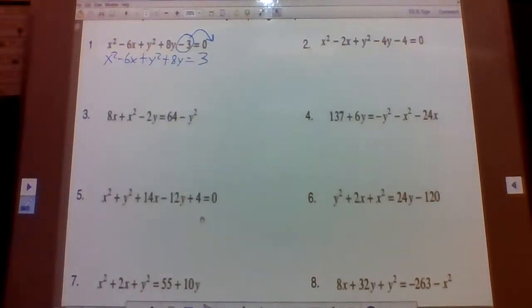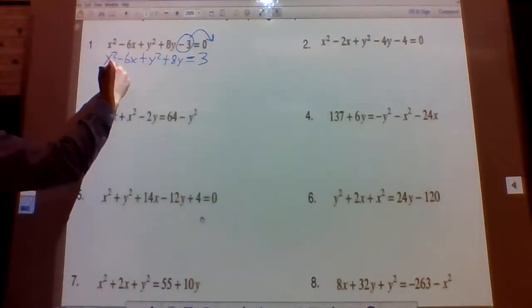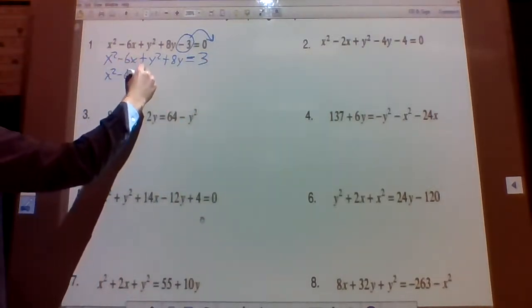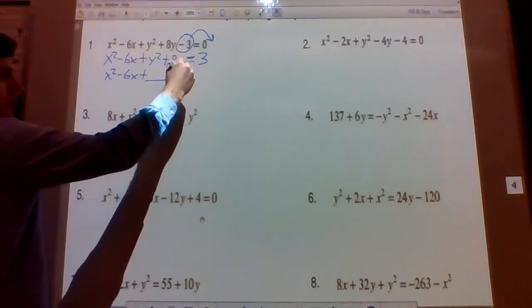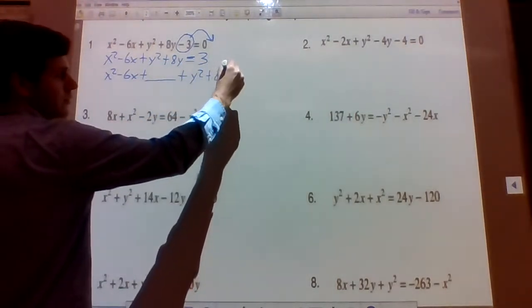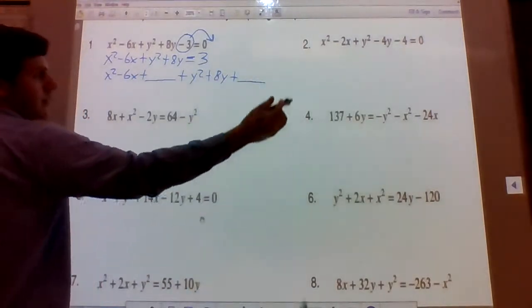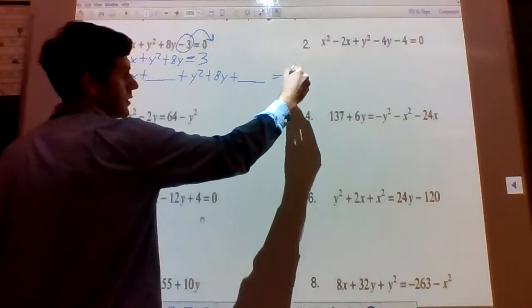Now we want to complete squares. So we need to add things to the first side to get those complete squares. So x squared minus 6x, we want to add something. Then we have y squared plus 8y, and we want to add something, and that's going to equal 3.